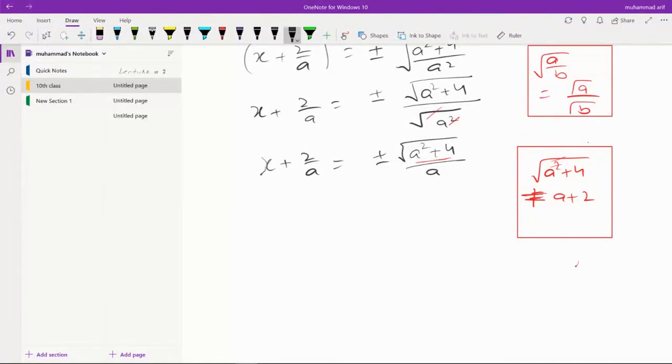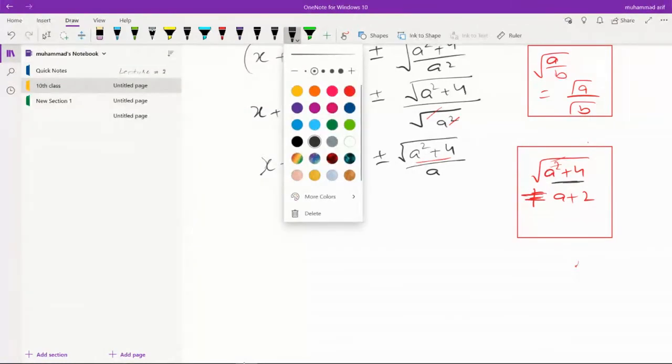So don't do this. Most students cancel a square by square root. It is totally wrong, because first we add them and then we take square root. Otherwise it is totally wrong.